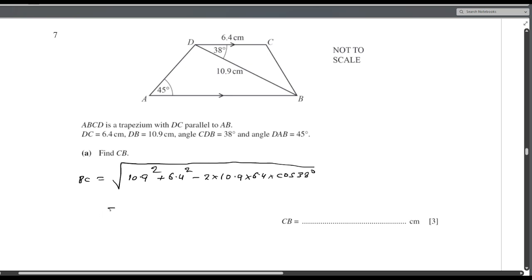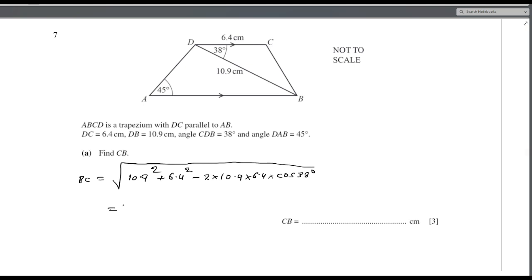So this BC is the square root of 10.9 squared plus 6.4 squared minus 2 times 10.9 times 6.4 times cos 38. The square root of this is 7.0588.